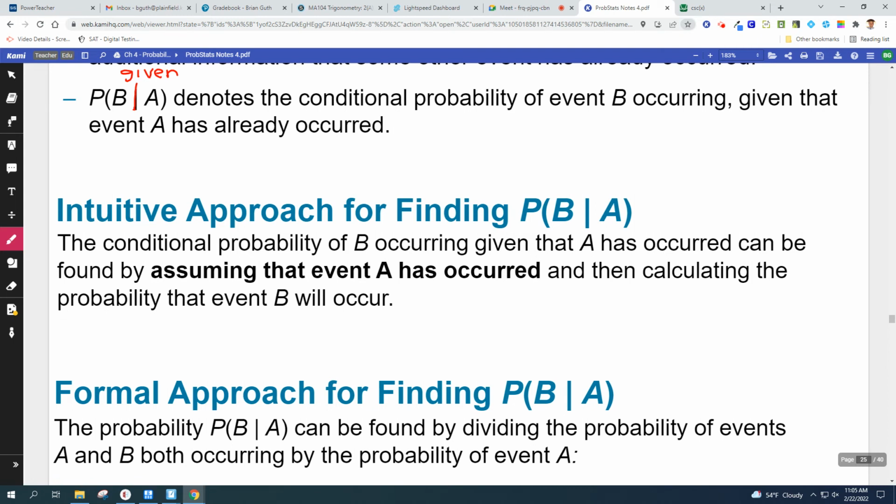Intuitive approach for finding P of B given A. The conditional probability of B occurring given that A has occurred can be found by assuming that event A has occurred and then calculating the probability that event B will occur.